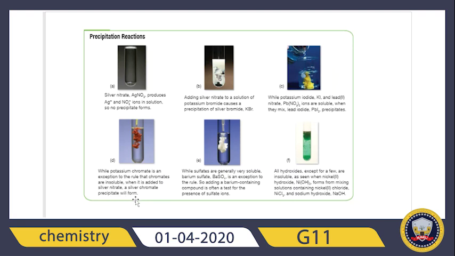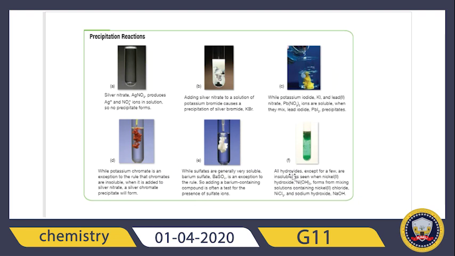In E, for example, we have sulfates. We have barium sulfate, guys. Sulfates are generally very soluble, so barium sulfate is an exception to the rule. Adding barium-containing compounds is often a test for the presence of sulfate ion.